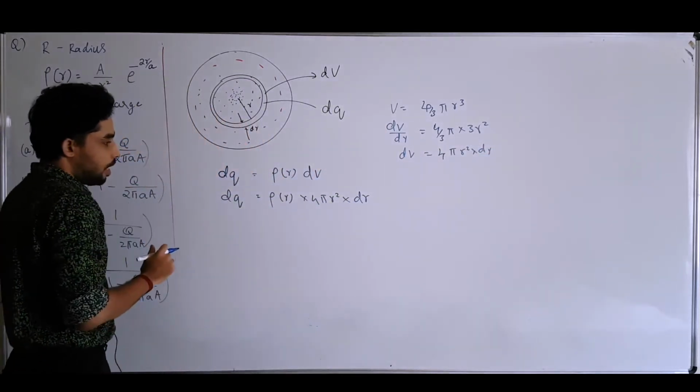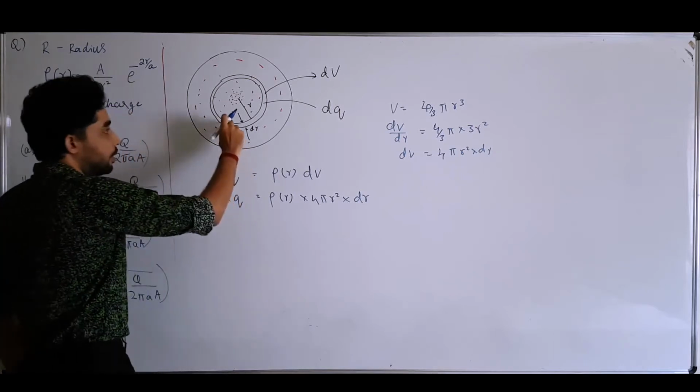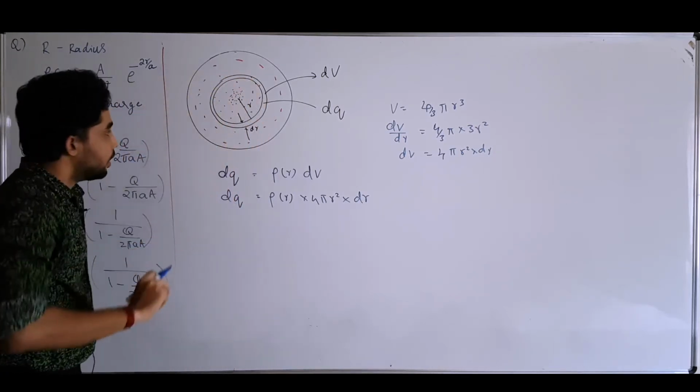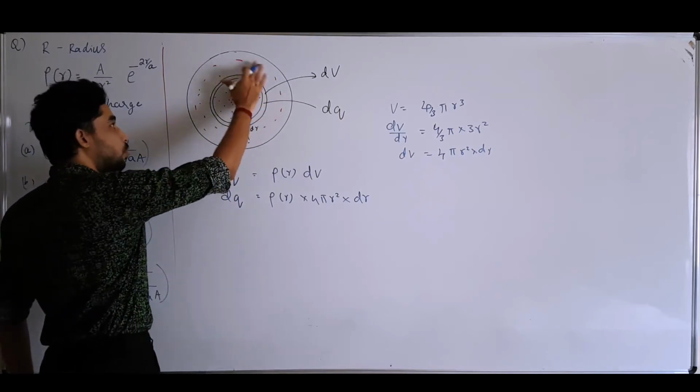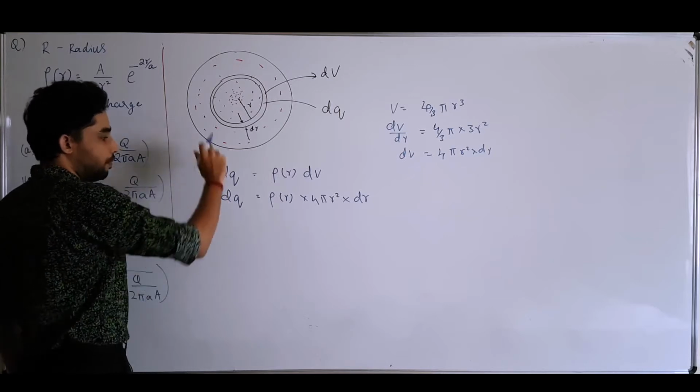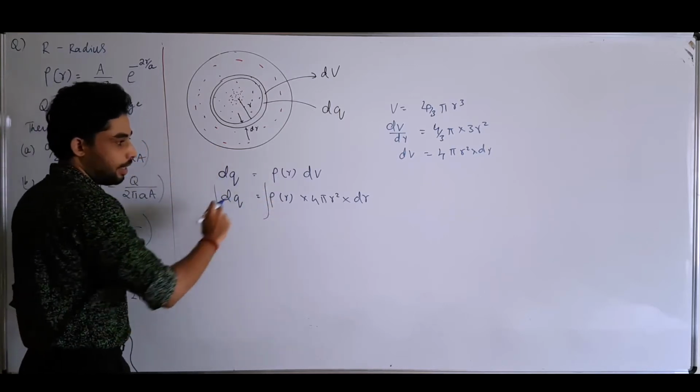Now here, this is the charge present on this small shell which I assumed. I need to figure out the total charge, so I have to integrate this expression.